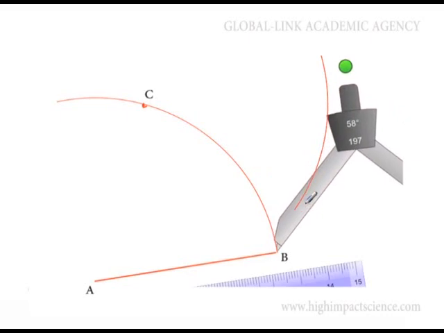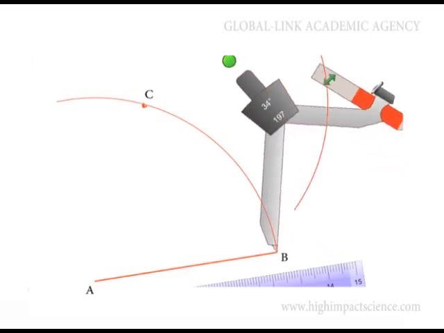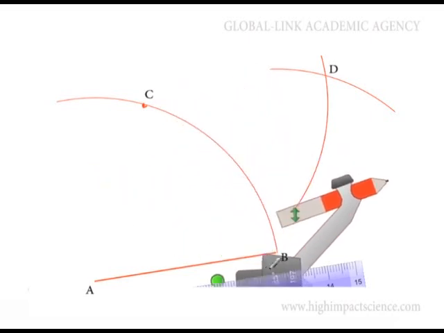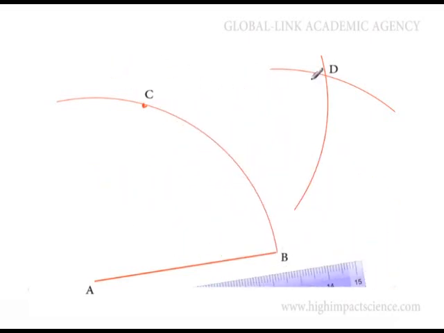Then move the compass down to B and again draw another arc. I'm sure you can now already see the rhombus. Now we take a straight ruler and connect all the points to complete the rhombus.